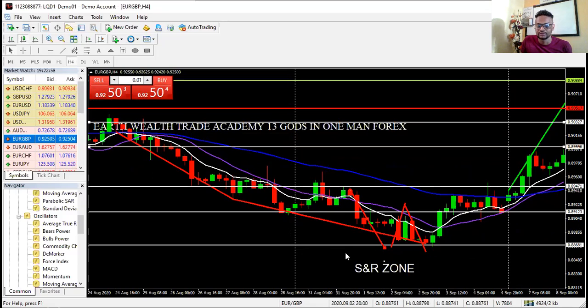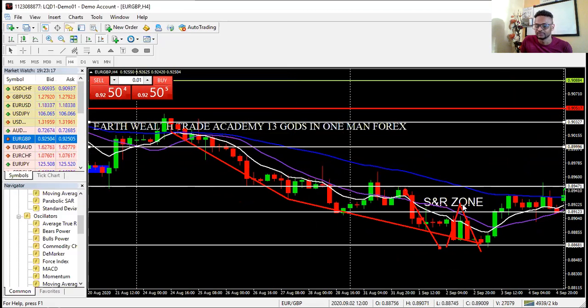This is a zone, this is a next zone, here is a next zone, up here is a next zone. So you have lower lows, lower highs, and higher highs. We went through all of this already in the lessons before.